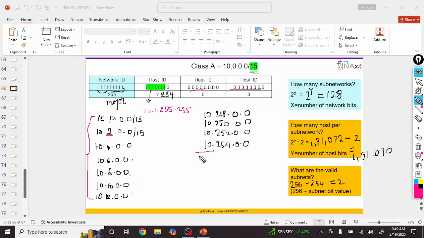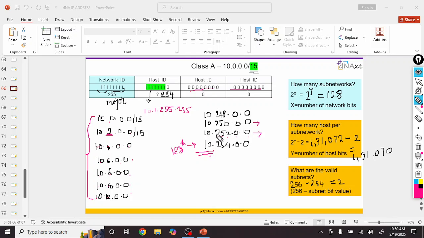This is the last one, the 128th subnetwork, 10.254.0.0, and its broadcast ID will be 10.255.255.255. For its previous subnetwork, the broadcast ID will be 10.253.255.255. For the subnetwork before that, the broadcast ID will be 10.251.255.255, the previous number to the next subnetwork.